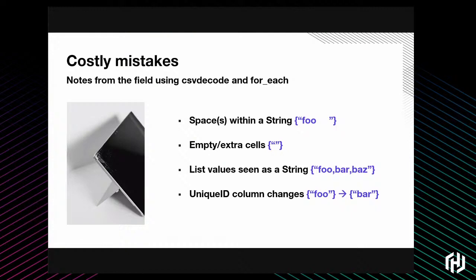So notes from the field here on using CSV decode and ForEach. A couple of times I had some spaces within my cells, and CSV decode will see that as, so each cell represents a string in your map. And if you have spaces in your string, what it appears like is this representation here. So you can see there's, after the foo, there's some spaces before the string terminates.